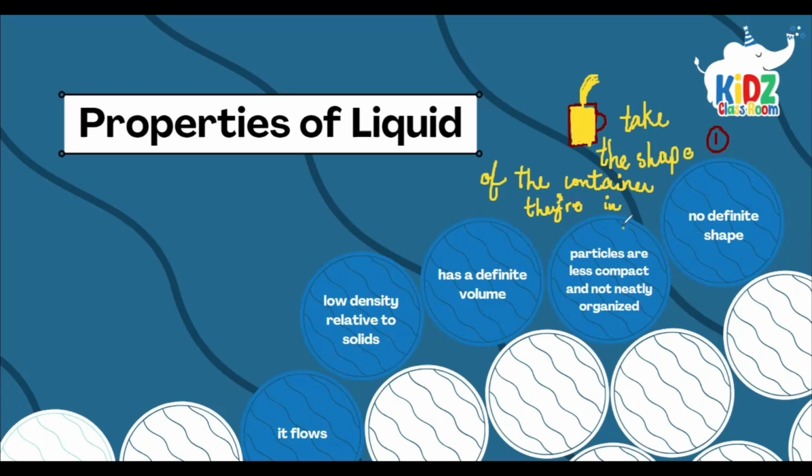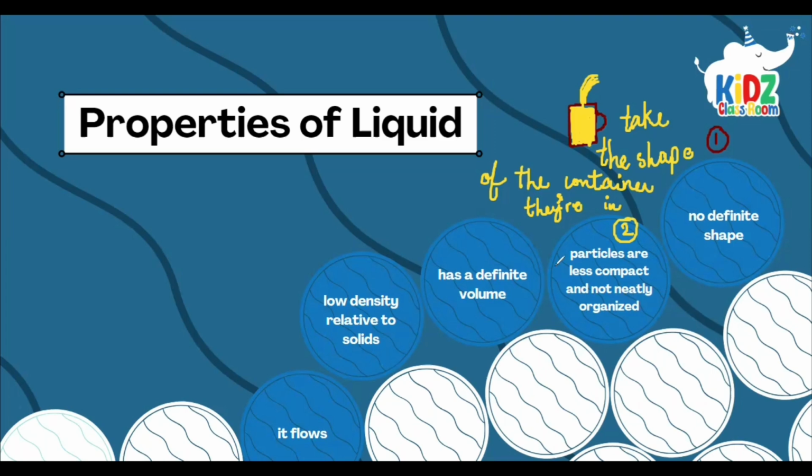Second one: particles are less compact and not neatly organized. What is meant by that? This means that in liquids, particles are close together, but they can slide past each other, allowing the liquid to flow. In solids, particles were tightly packed together and were not able to slide past each other or even move.